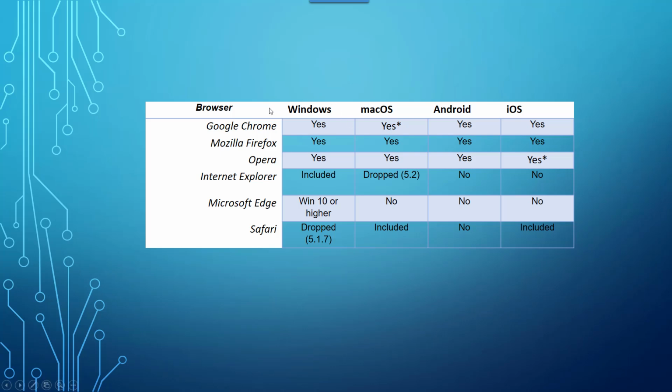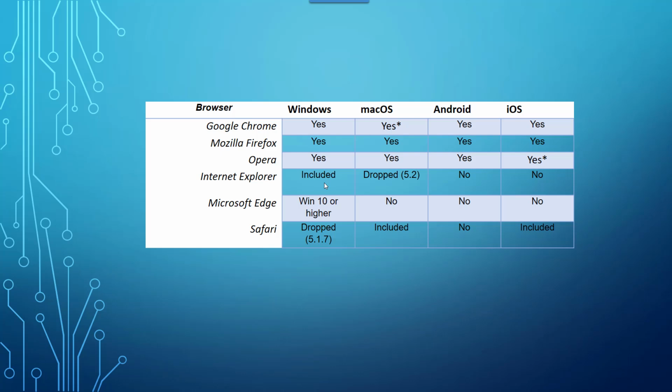Otherwise, you can see here, Google Chrome pretty much works on all platforms. Firefox and Opera do as well. Internet Explorer, as you can see, is a Windows-only browser. So if you use an iPhone or an Android, you're out of luck. Use a Mac, you're out of luck. Same thing on the Safari side.